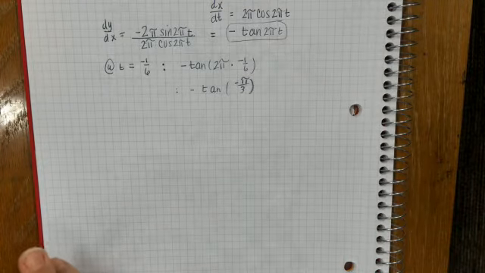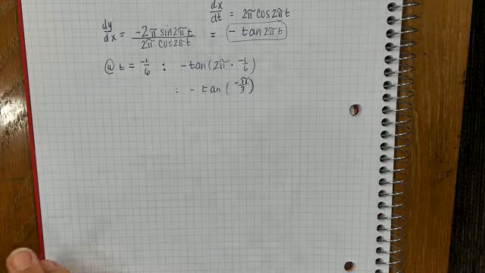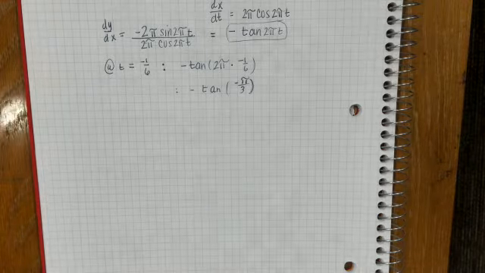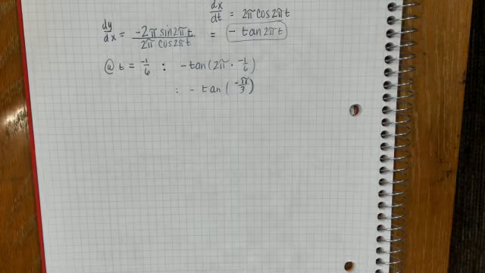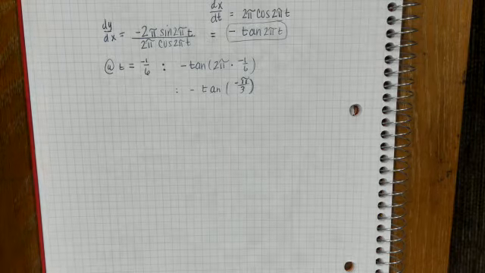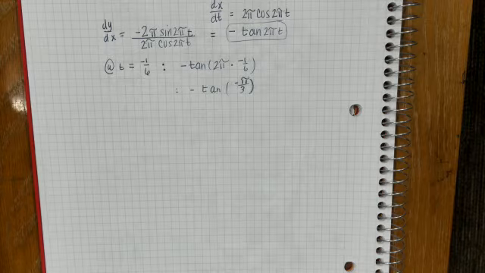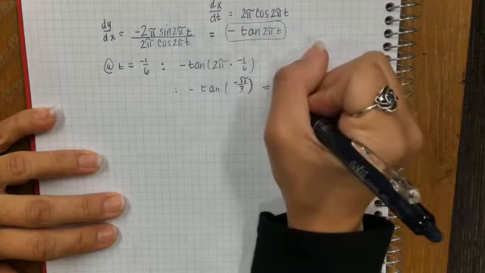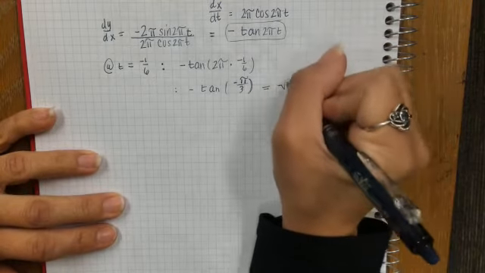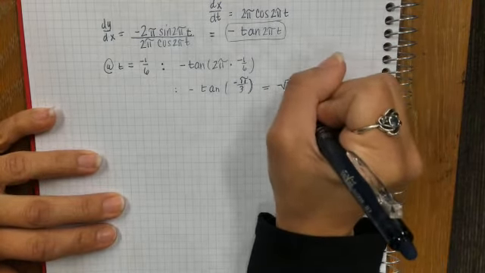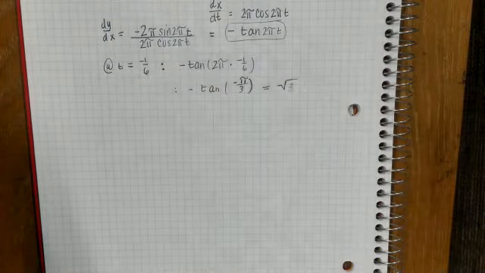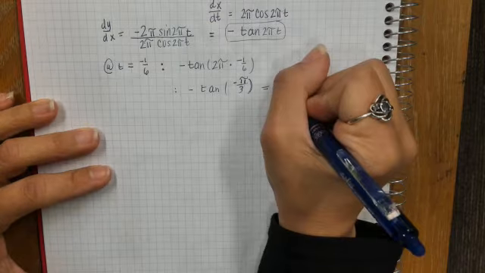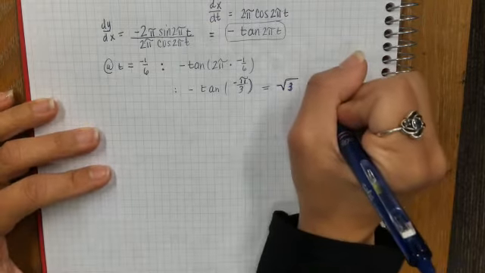How about negative 60 degrees? That is going to be root 3 over 3. Yep, this whole thing ends up being positive root 3.